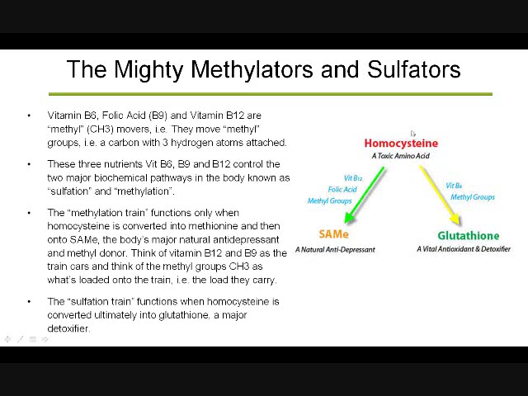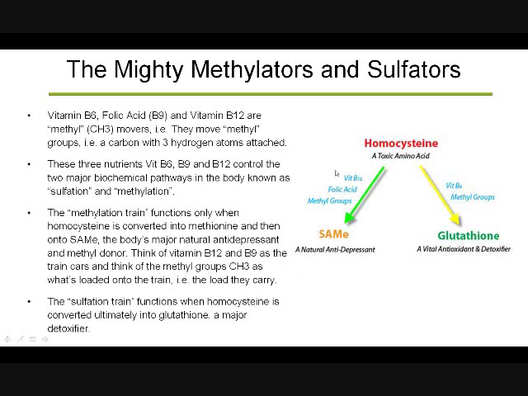This part of the reaction that takes homocysteine into glutathione is called the sulfation train. So we've got two trains basically that are necessary and need to run on their tracks, the sulfation and the methylation. The sulfation because it makes this antioxidant enzyme and detoxifier, and the methylation that creates the SAMe.